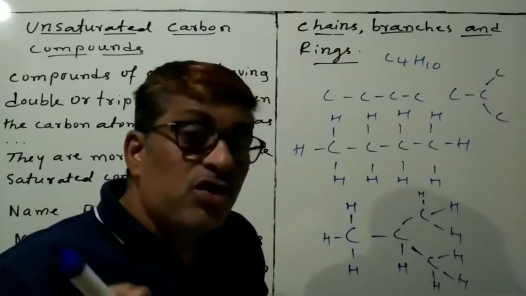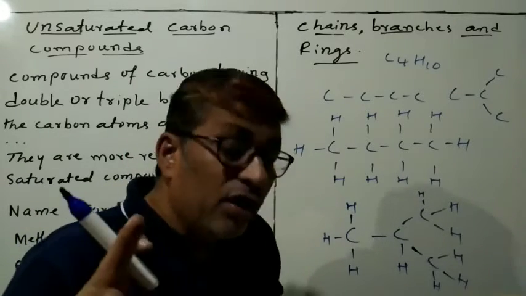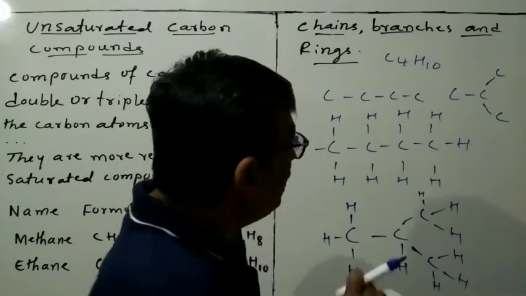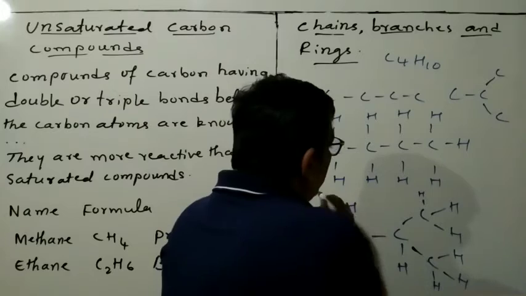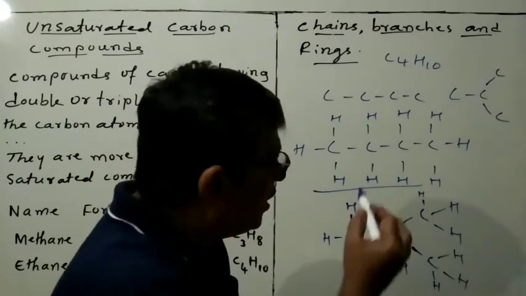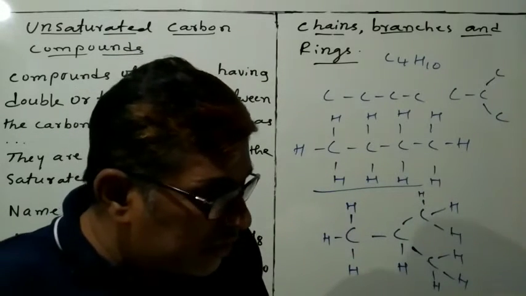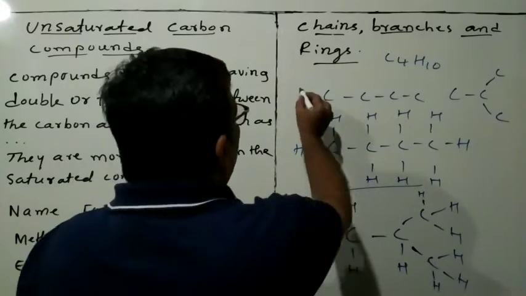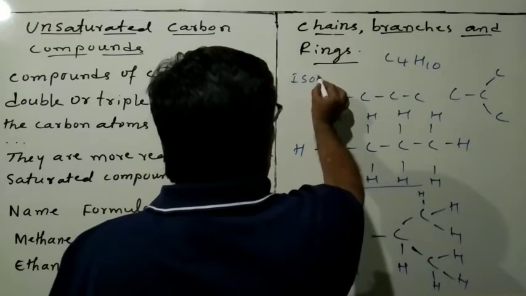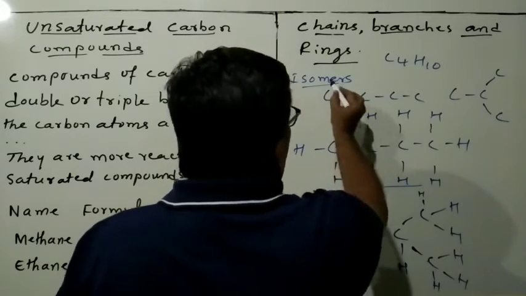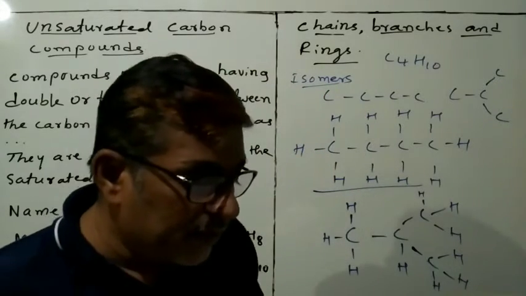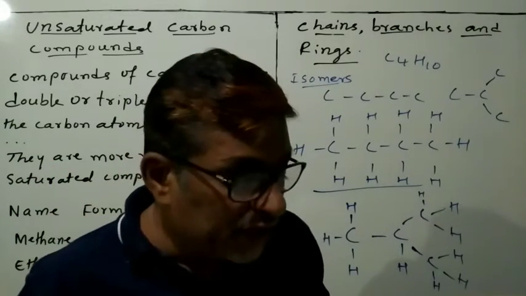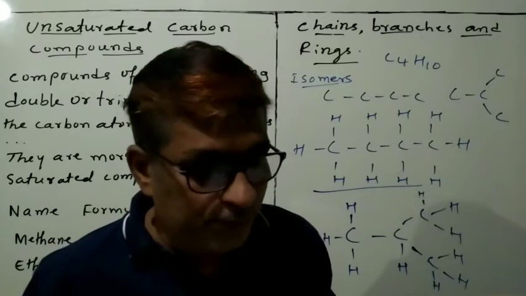See, such compounds with identical molecular formula but different structures, see, both the structures are different. Such are called as isomers. Okay, isomers we are saying. And this phenomenon we are saying is isomerism.